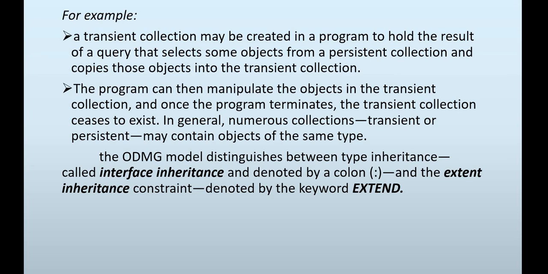That means it will no longer exist in the program or application. In general, numerous collections, transient or persistent, may contain objects of the same type. In the ODMG model, it distinguishes between type inheritance, called interface inheritance, which is denoted by a colon, and the extent inheritance constraint denoted by the keyword extent.